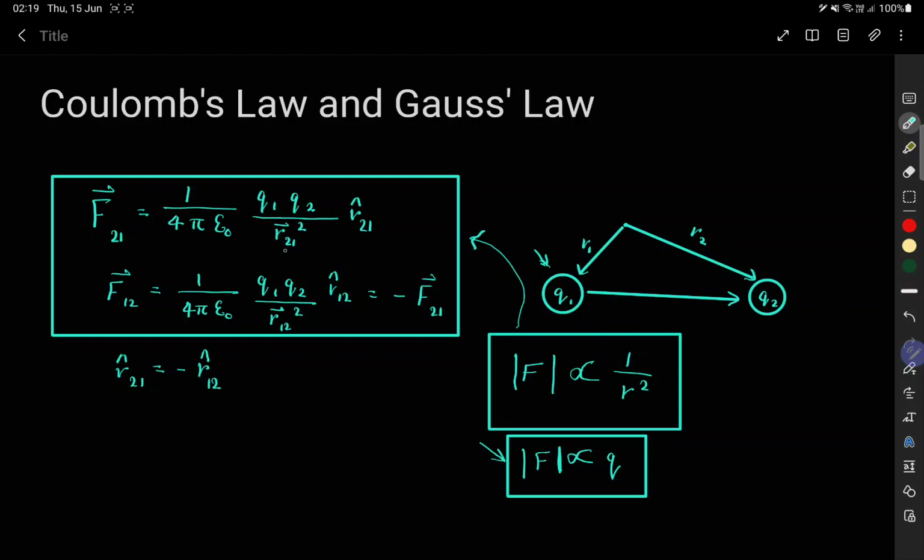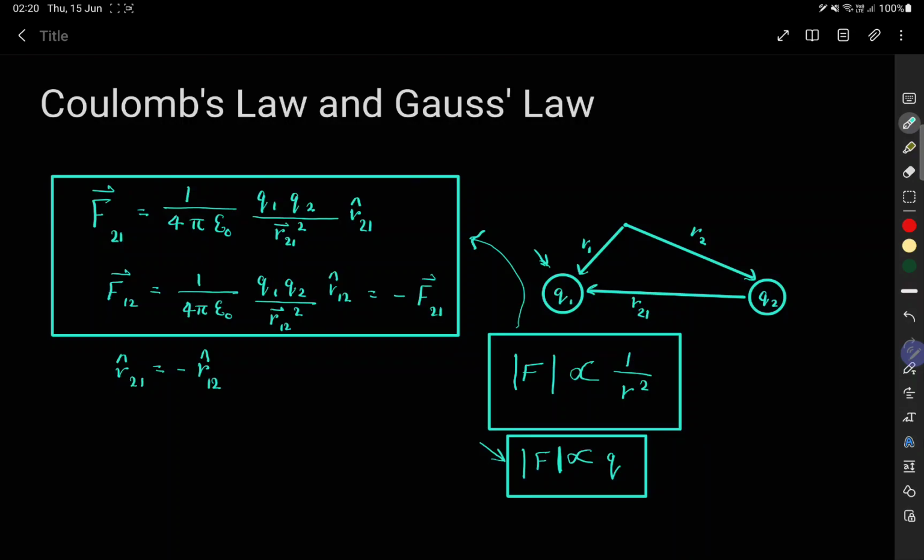And this is the radius vector from charge 2 to charge 1. So I drew it the opposite way, sorry. It would be this vector, R21, right? And squaring that basically just means taking its magnitude and squaring it.